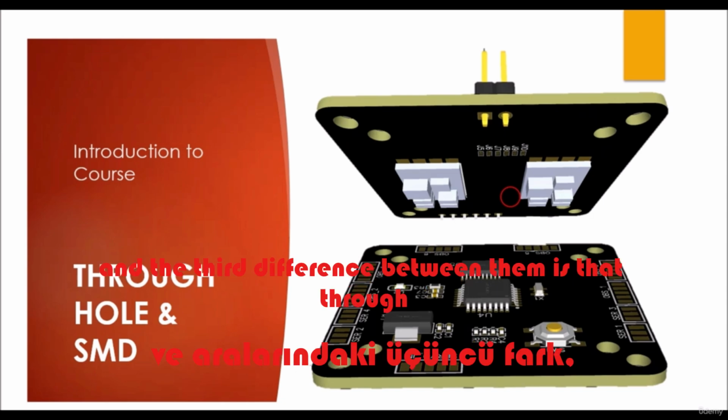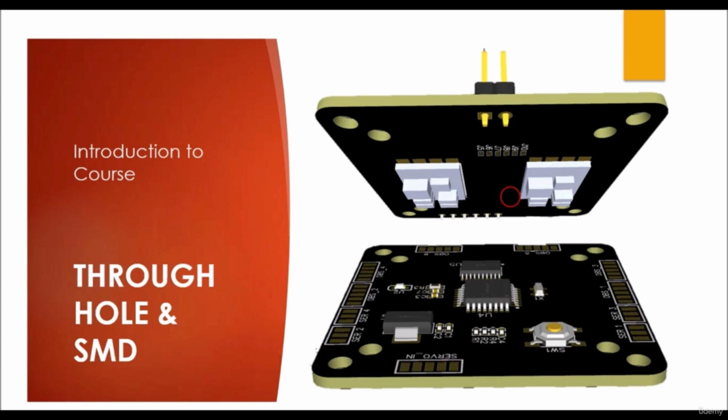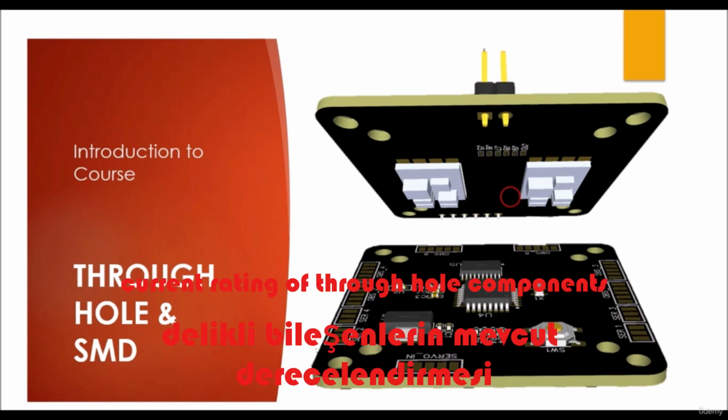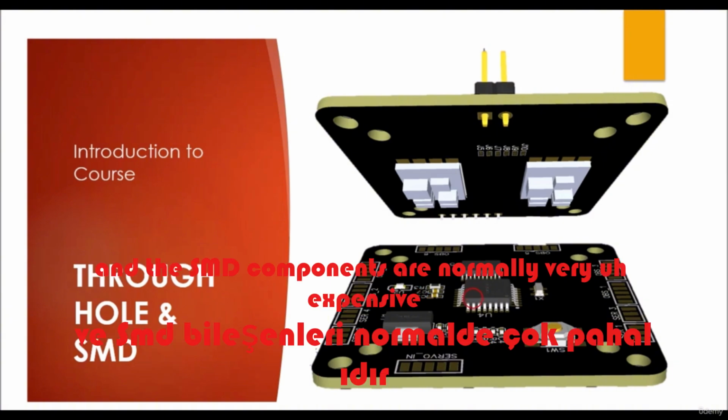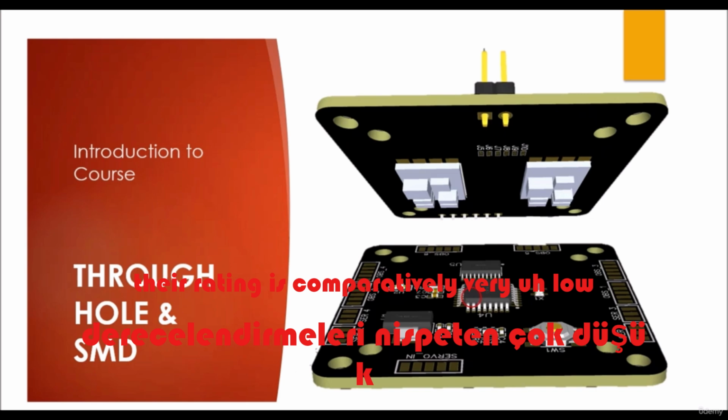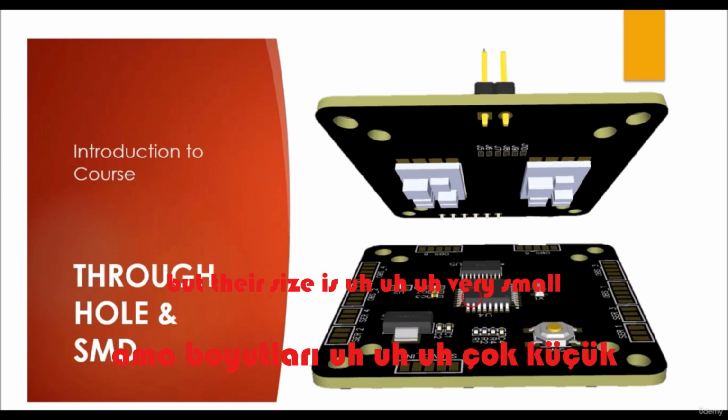And the third difference between them is the rating. The voltage and current rating of through hole components is comparatively larger than the SMD components. And the SMD components are normally very expensive. Their rating is comparatively very low, but their size is very small.